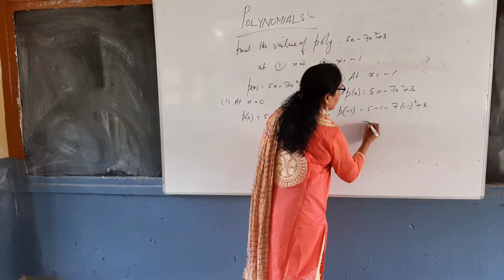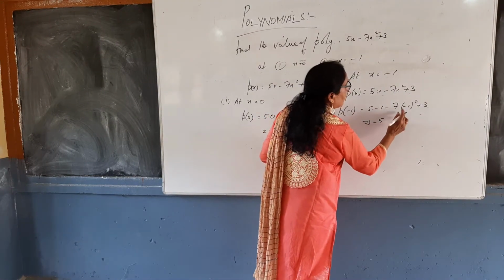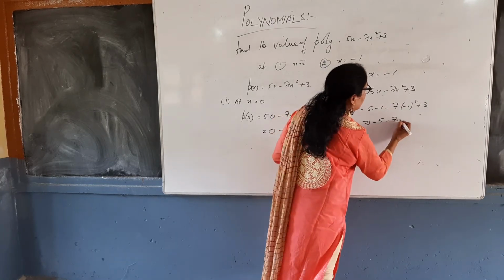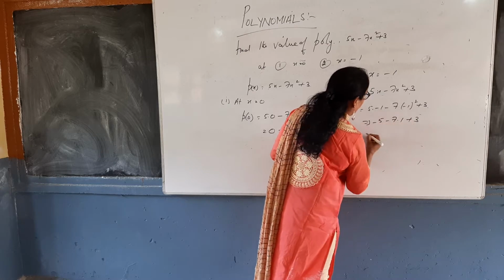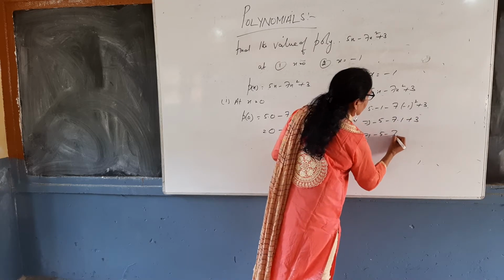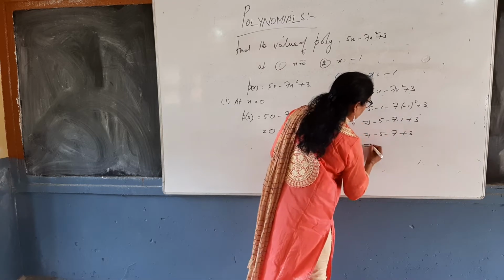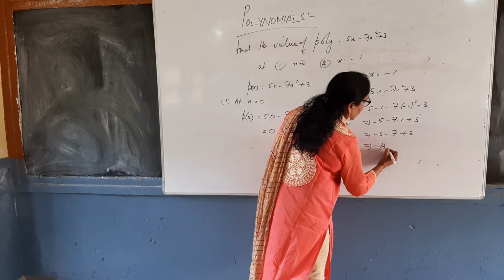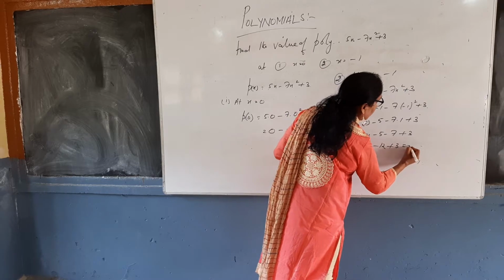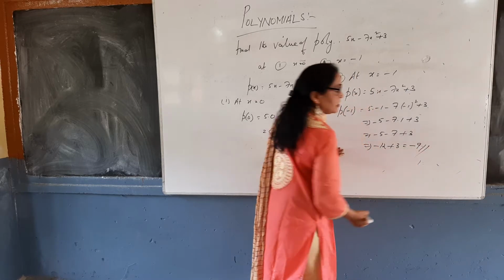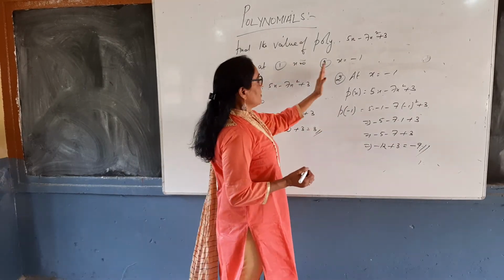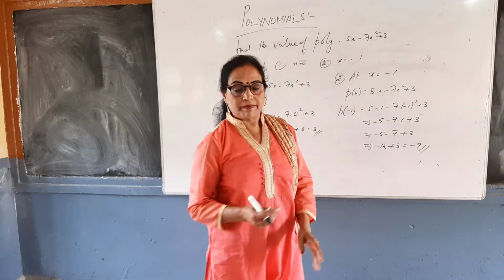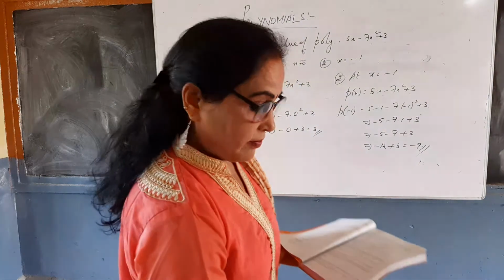So here it is -5, (-1) square is 1, so -7 into 1 + 3, or -5 - 7 + 3. Adding the two minus terms, -12 + 3, so it is -9. So our answer is -9. So whatever values are given, you replace them here and you will get the values. Now next.